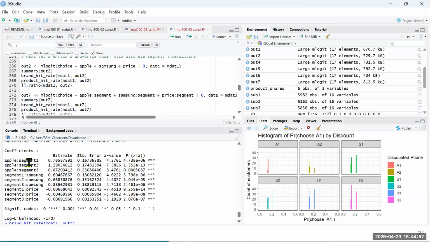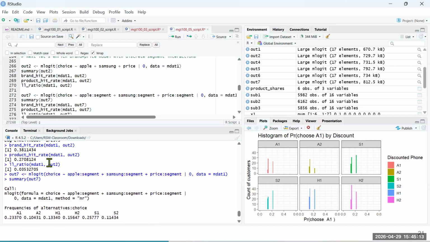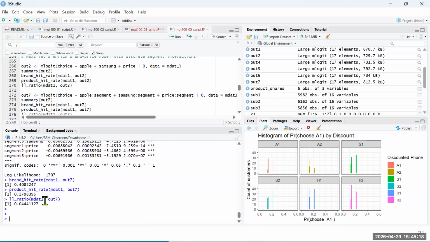Segment 3 looks like it values Apple and Samsung similarly. Segment 1 likes Apple a bit more than Samsung. And our product level hit rate went from 27% up to about 28%.